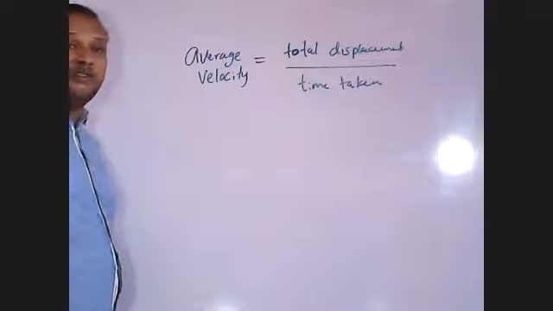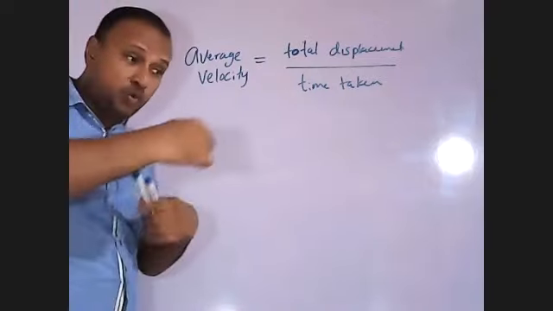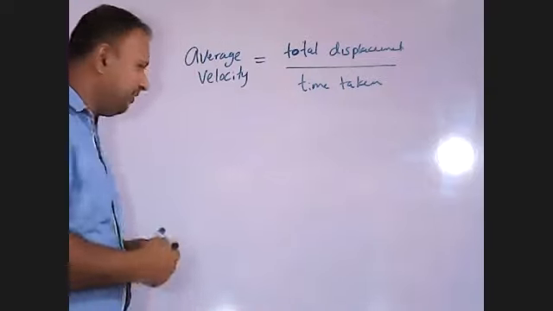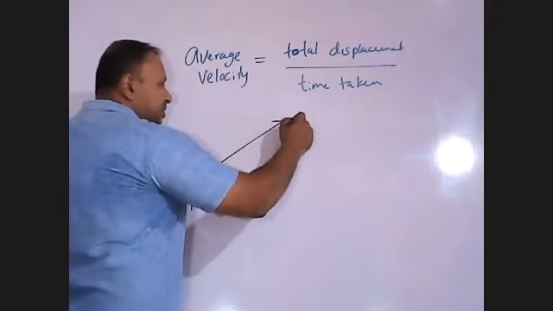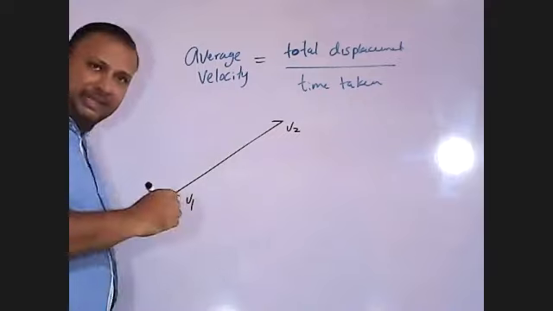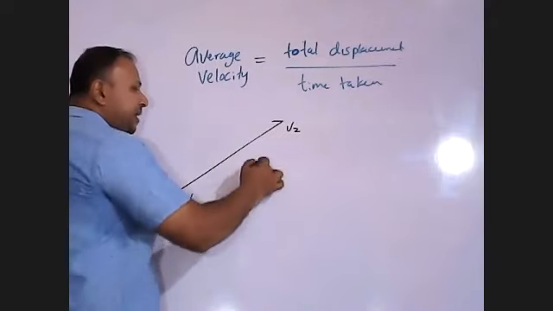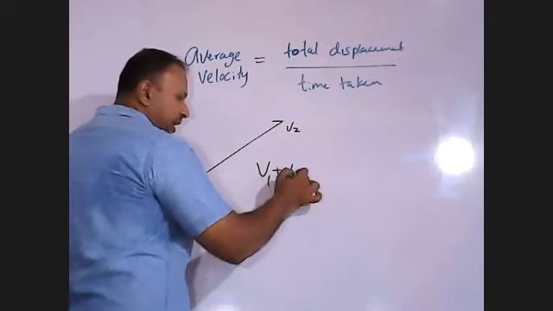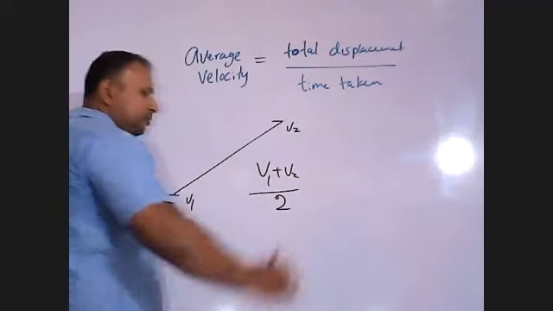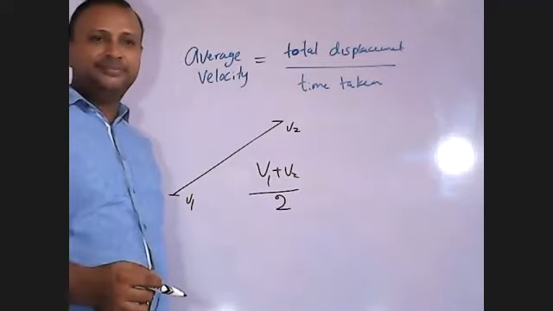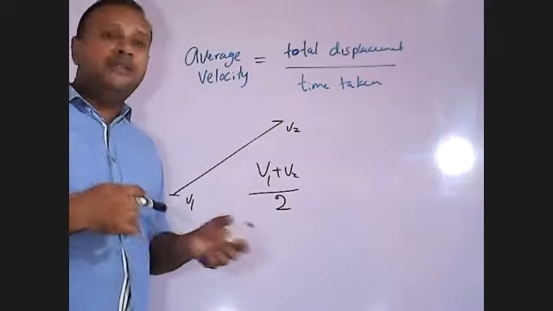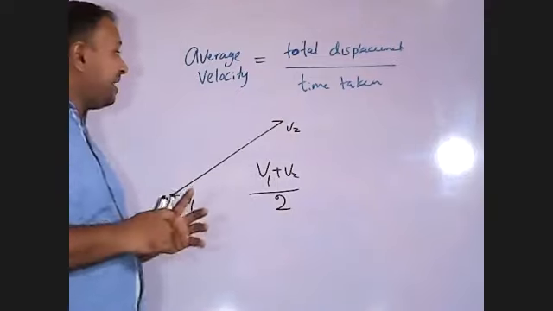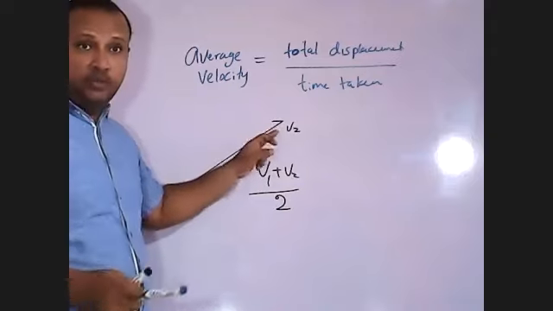So likewise, if there are two velocities, the first one v1 and the last one v2, we can get the average by adding those two and dividing by 2. Normally we call it the average of v1 and v2.